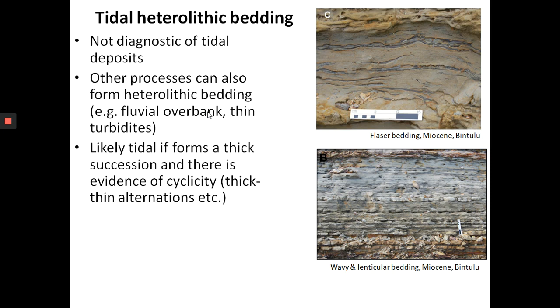So to interpret whether the heteroliths are tidal in origin or not, you need to look at lots of different factors, right? It is likely tidal if you form a very thick succession, because overbank floods don't occur regularly every day, so they form very thin intervals in between other kinds of facies.